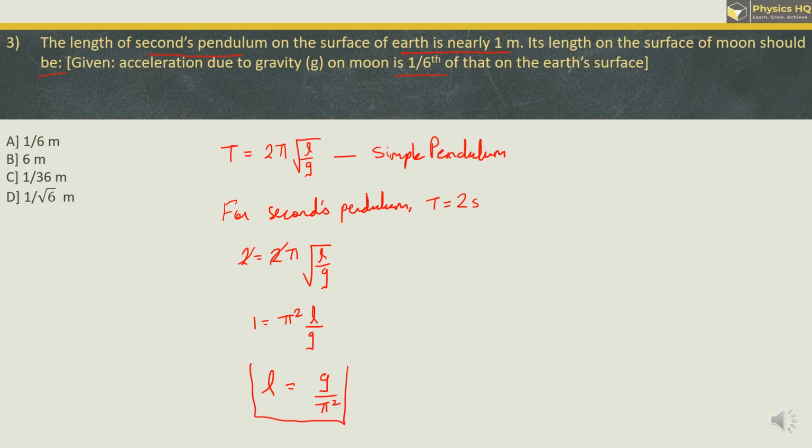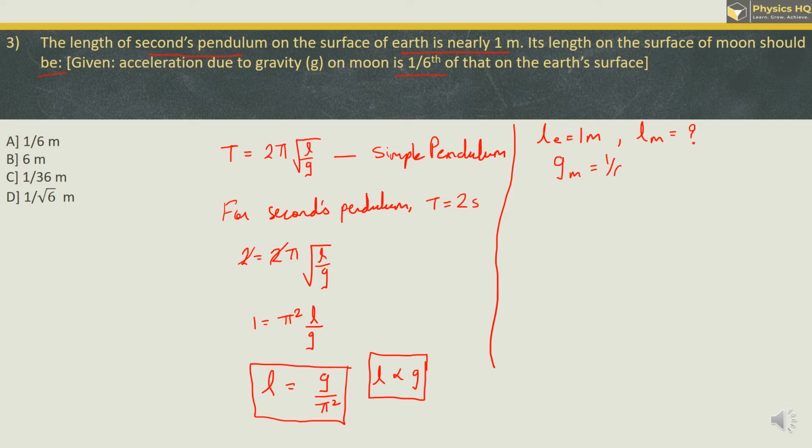So from here we can say length is directly proportional to g. In our case, the length of the pendulum on Earth is 1 meter and we are supposed to find its length on Moon. They have also given that acceleration due to gravity on Moon is 1/6 of acceleration due to gravity on Earth.